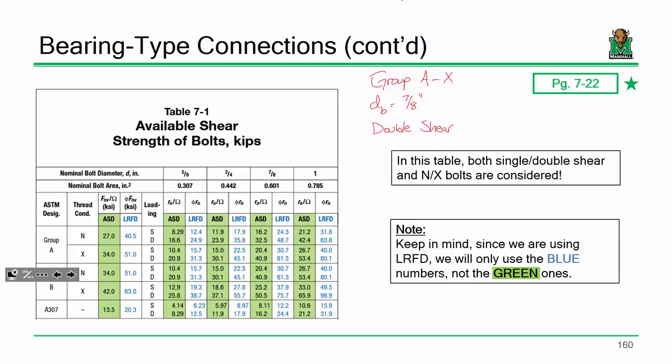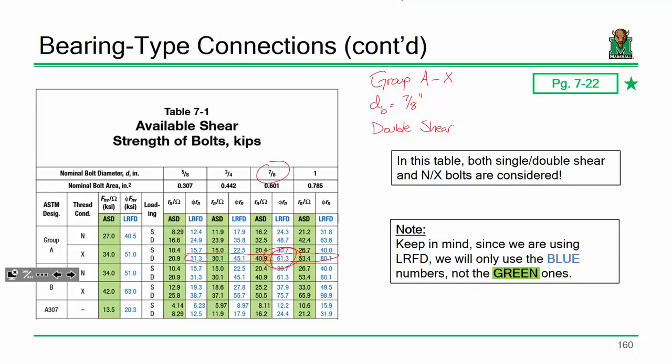I've got Group A and Group B, so I'm looking at Group A. We've got threads excluded, so I'm on this little row down here, right? And we're in single shear or double shear? We're in double shear. Everybody see that? So Group A excluded double shear, we're looking at this row. We're looking at 7/8 inch diameter bolts, so right there, 61.3.